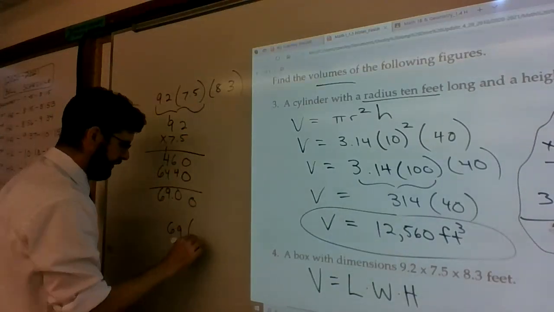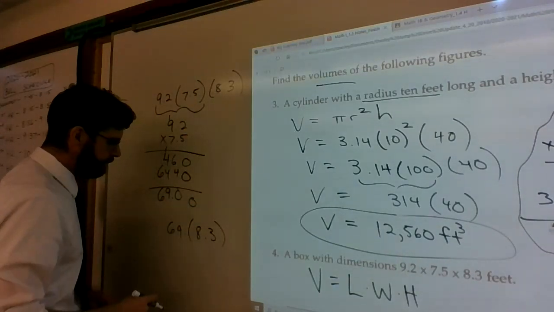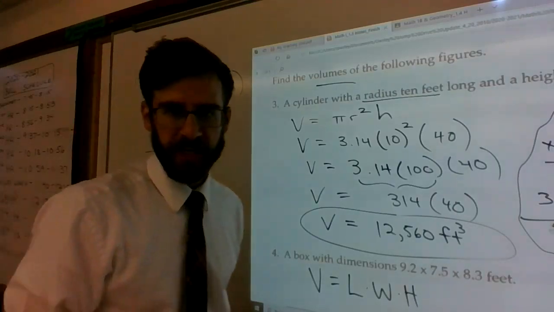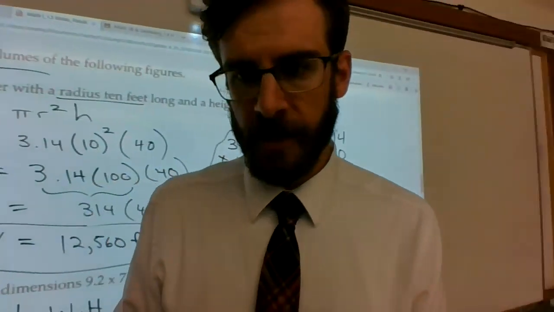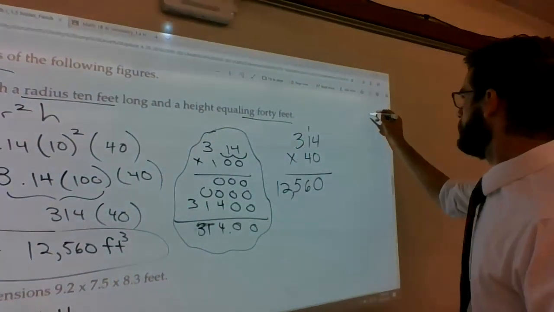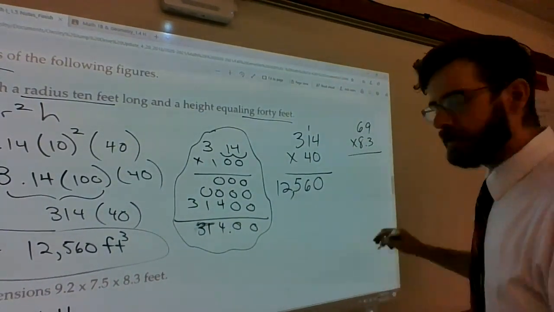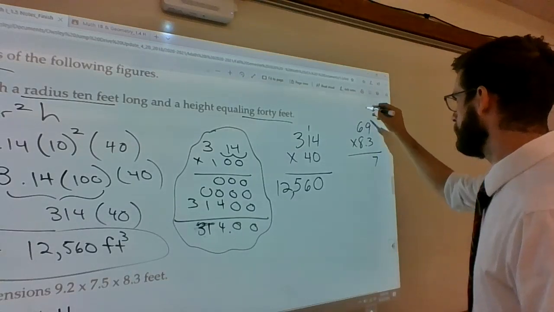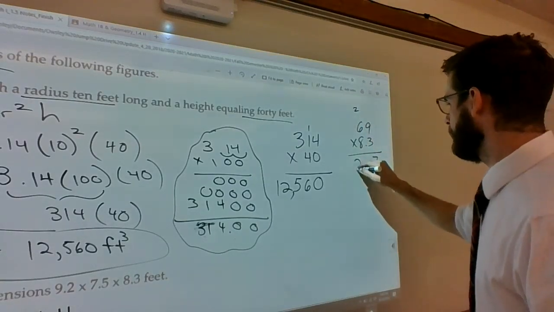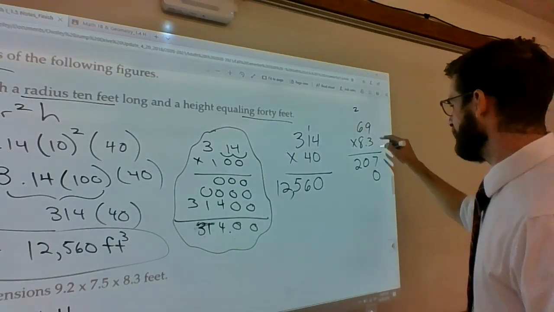Times 8.3. And then I just do the multiplication again. I'll continue multiplying on this side. So 69 times 8.3 is going to be 27. 18, 20. Drop a 0. 72.